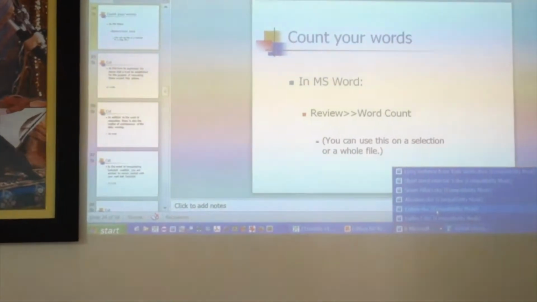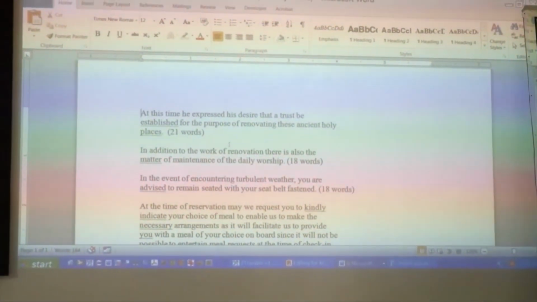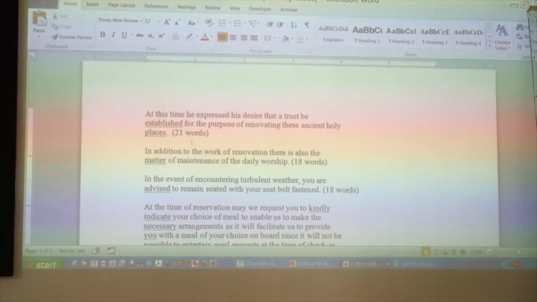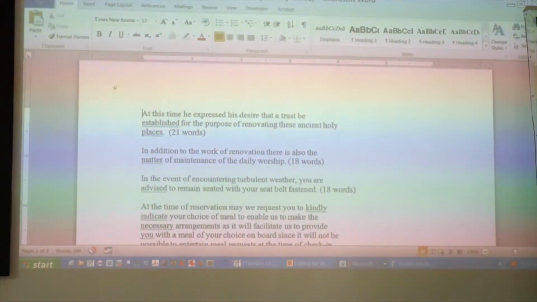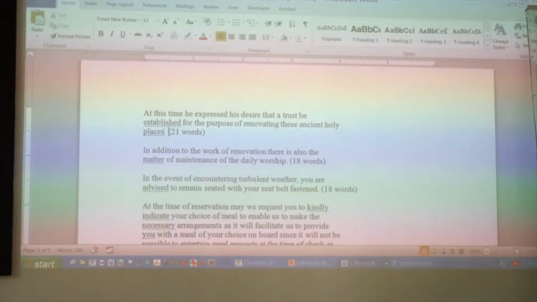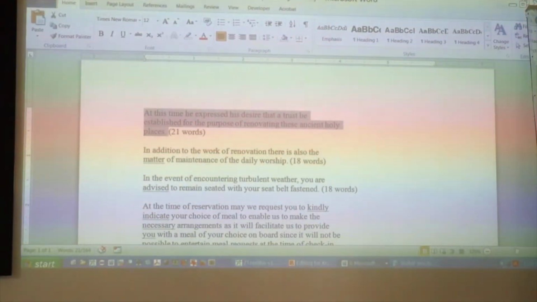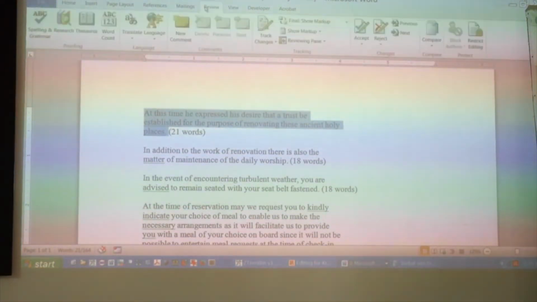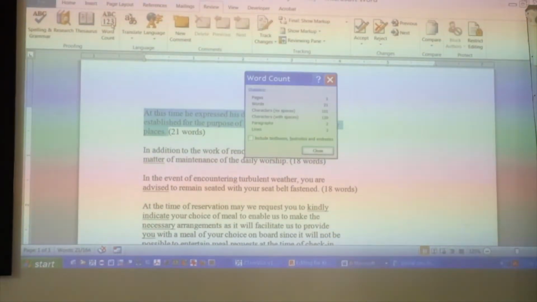Here's one: At this time, he expressed his desire that a trust be established for the purpose of renovating the holy places. To find out how many words that is, you highlight it, go to Word Count: 21. You can also count your characters that way too. Control U, and you can do the whole document.